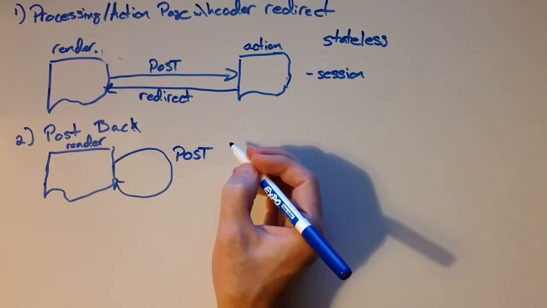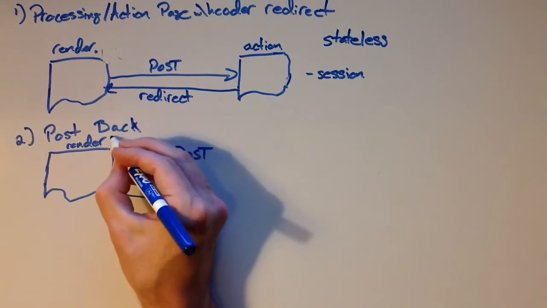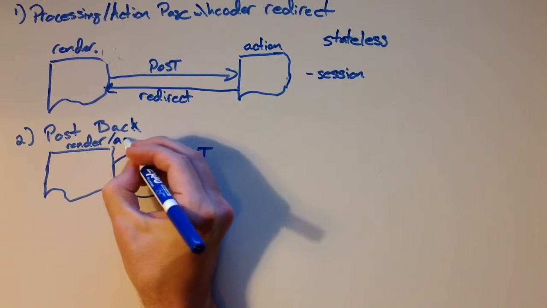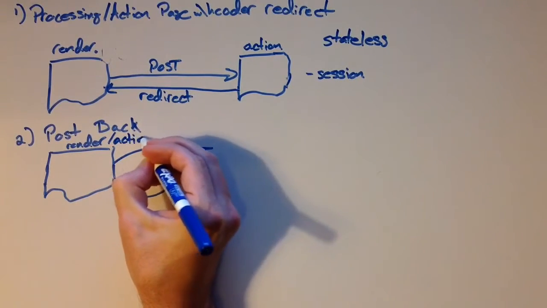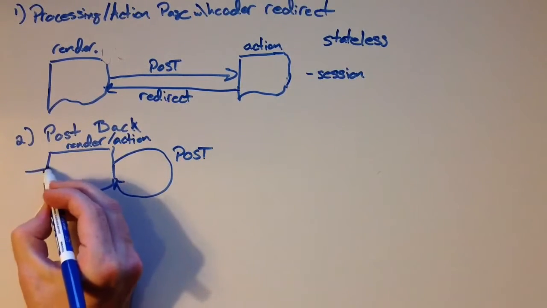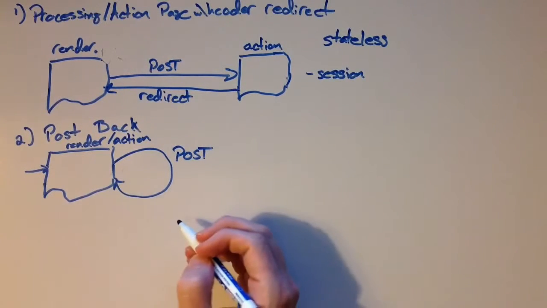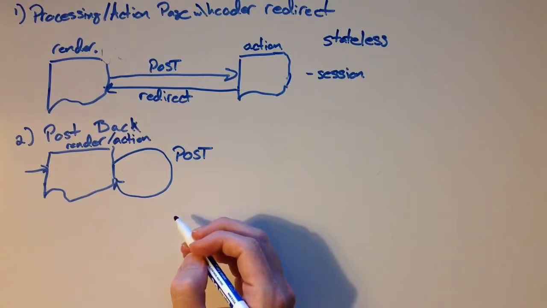By post, I mean it's submitting the form data back to itself. On the render page, you would also do the action. So you'll need to figure out, okay, I'm visiting this page for the very first time, and then also distinguish that I'm submitting this form with data on it, and then do whatever action I need to do.